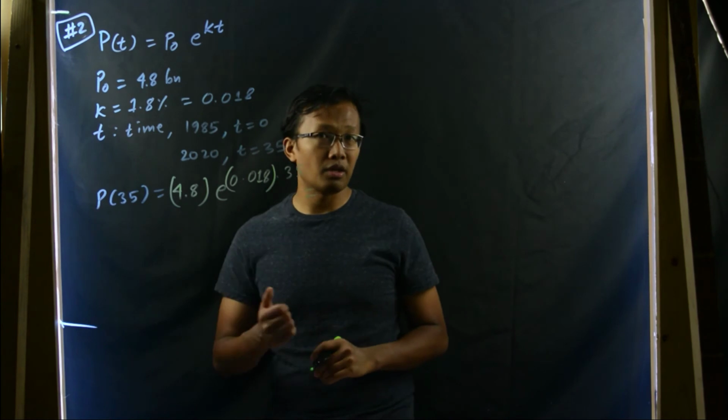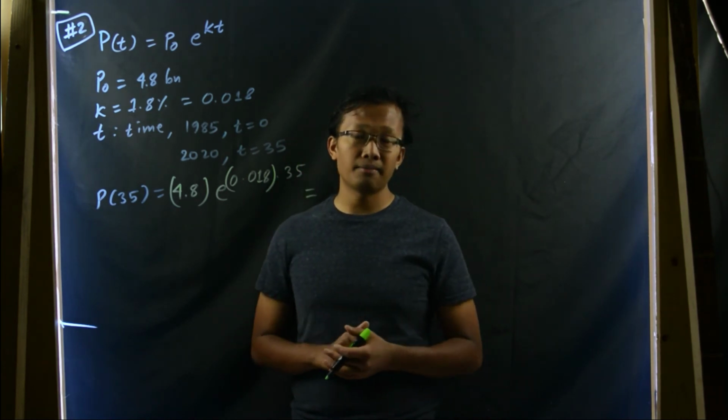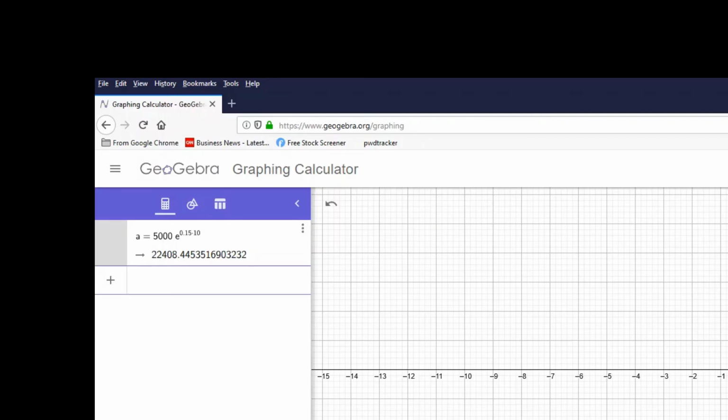And let us plug this value into GeoGebra. Now plug in the values, which is 4.8 times e to the power, the power is given by shift 6, 0.018 times 35.